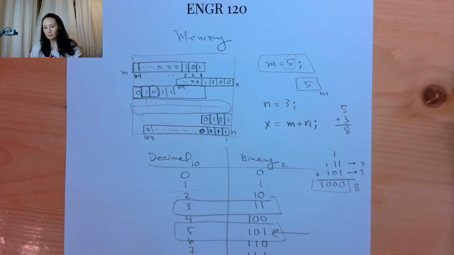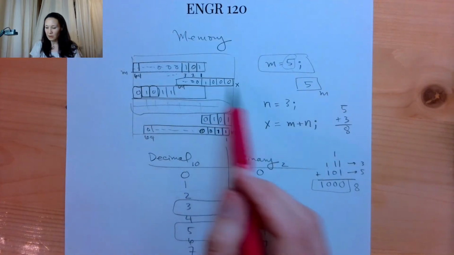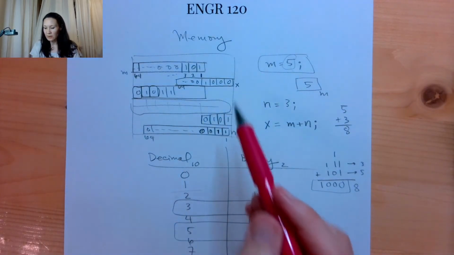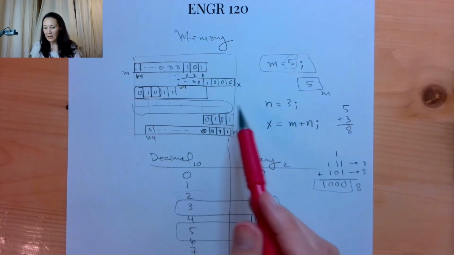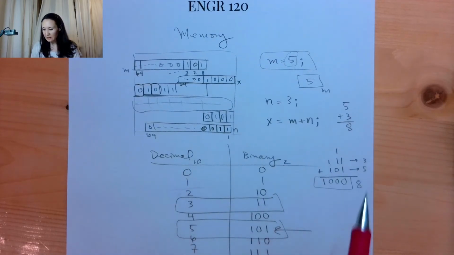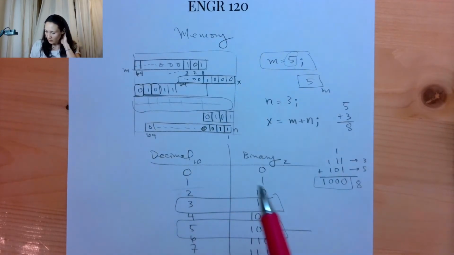So just to get you thinking about these particular memory cells, each one of these individually is called a bit. If we have 8 bits, that's called a byte, and we're going to be talking about different sizes of variables.